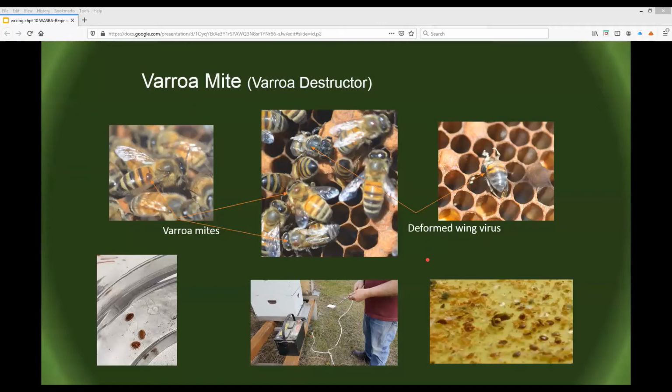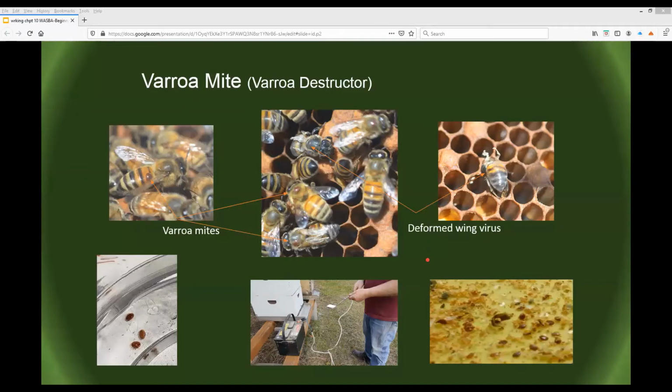Actually, they are also disease vectors for some of the viruses. They're just all around yucky and gross, and you don't want to have any more than you have to on your hive. So the recommendation is definitely treat, and also test if you're so inclined.